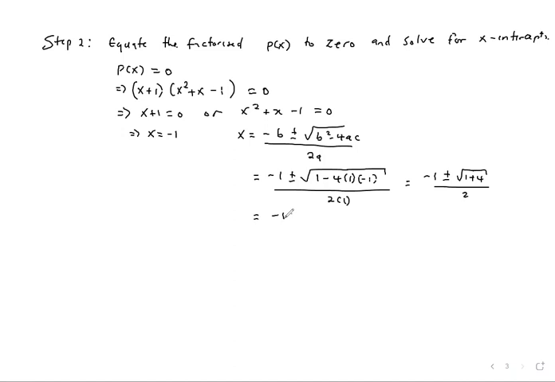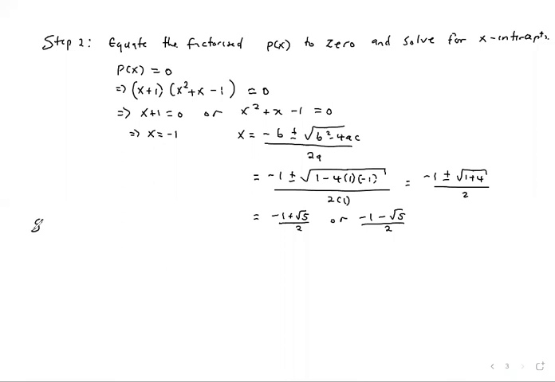So that we have -1 plus root 5 over 2, or -1 minus root 5 over 2. What does it mean? It means that these are the x-intercepts. These are the values of x where the graph will cross or touch or cut the x-axis.